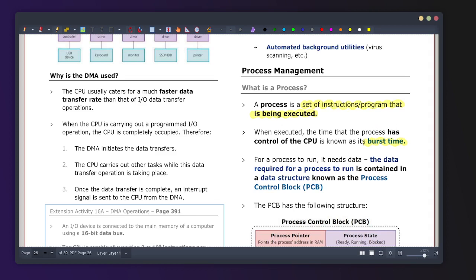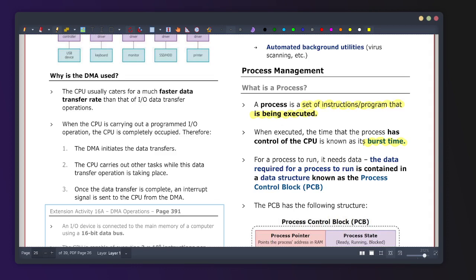Basically, a process, of course, has to go to the CPU to get executed, right? But the idea is, when that process enters the CPU, the process will take over that CPU for a given amount of time. That time duration, the time that the process takes charge of the CPU while it's being executed, is called the process's burst time.